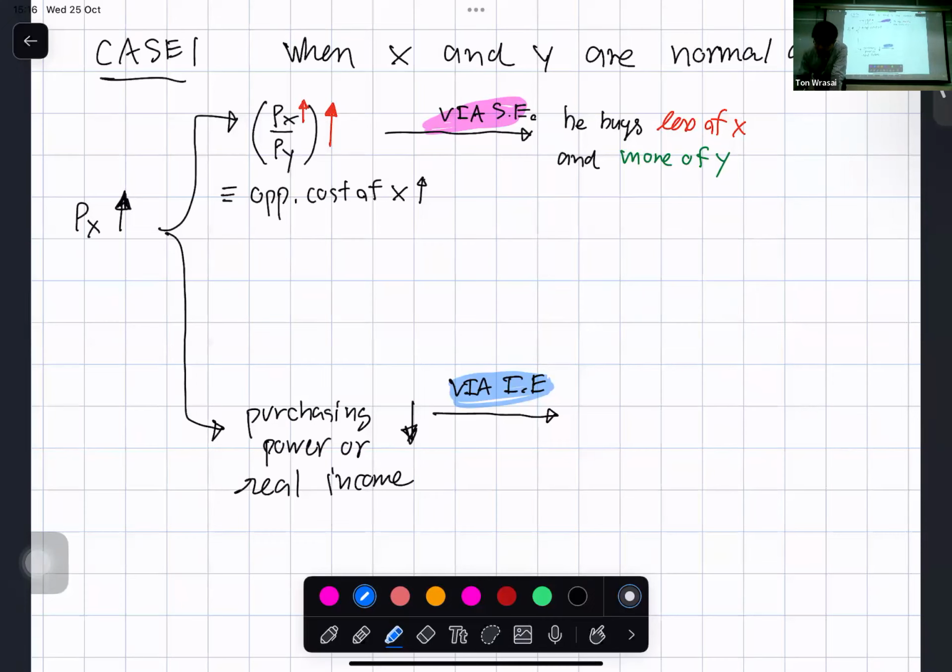That's the income effect. He feels poorer, and then he buys less of the two. He buys less of X and less of Y.